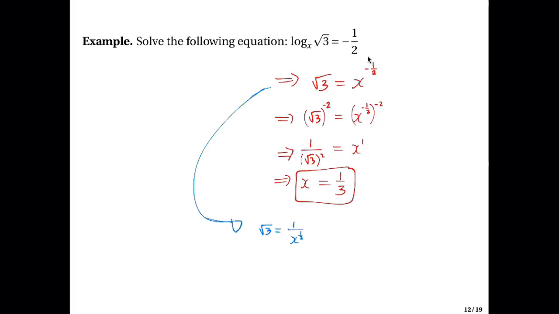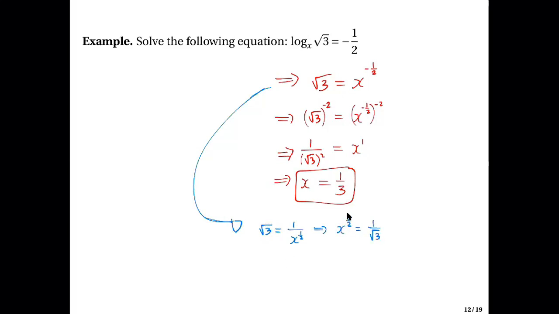So you put this guy here in the denominator, so the exponent will become positive. And then you can solve for x. You can just cross multiply this. This will give you x raised to 1 half equals 1 over square root of 3.